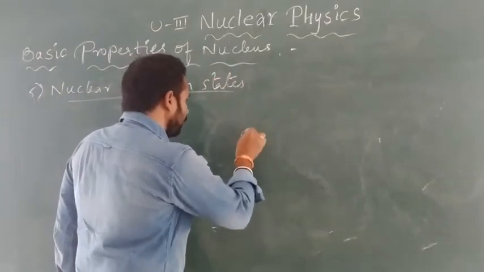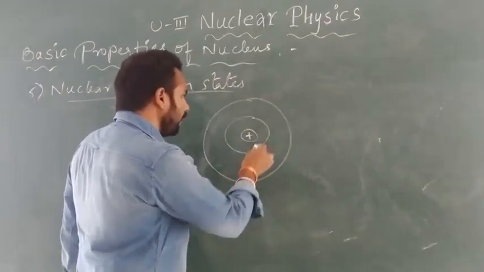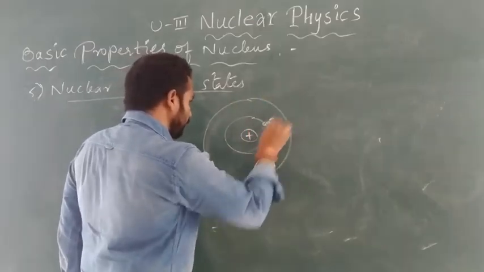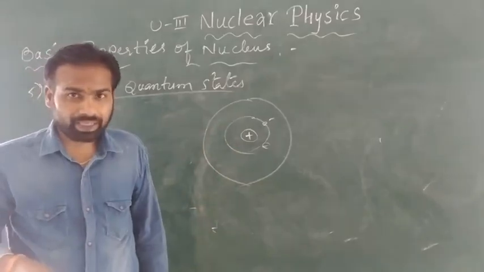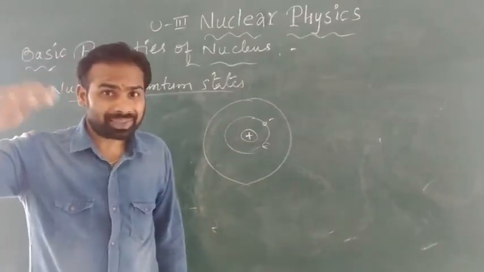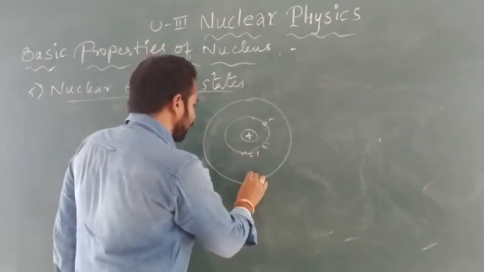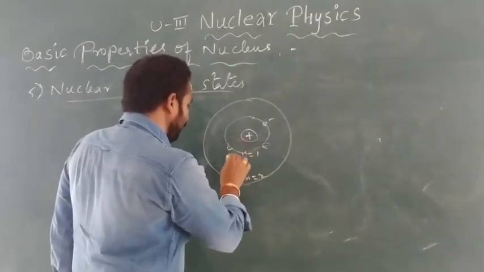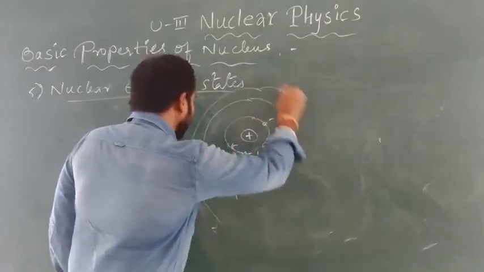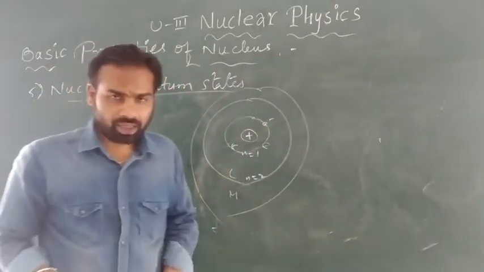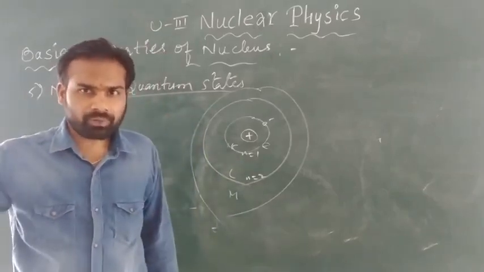If you take an atom, there is a central nucleus and around it there are some orbits, and around those orbits we have electrons, which revolve around the nucleus. Similarly, the atom has states like n equal to 1, the first state, n equal to 2, like K and L shells. The entire atom has a number of states, energy levels: 1, 2, 3, 4, like this.